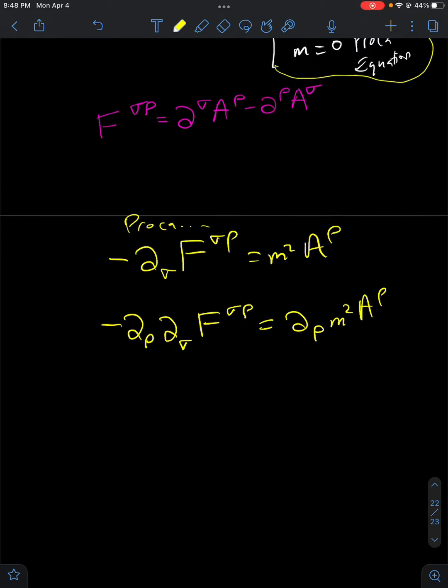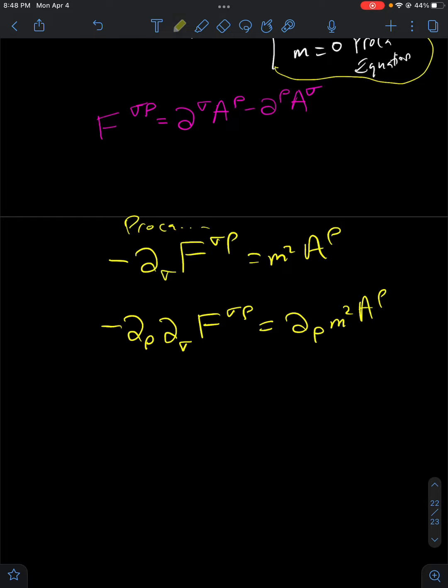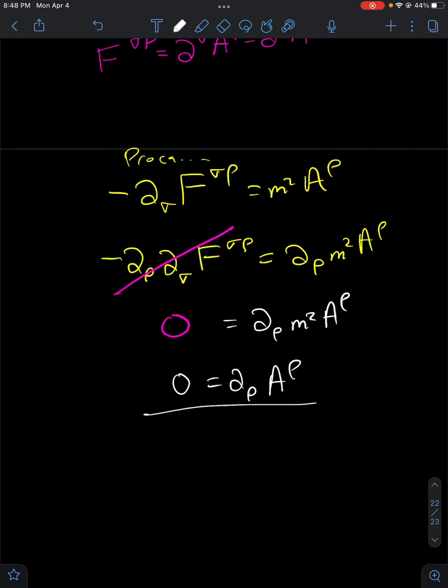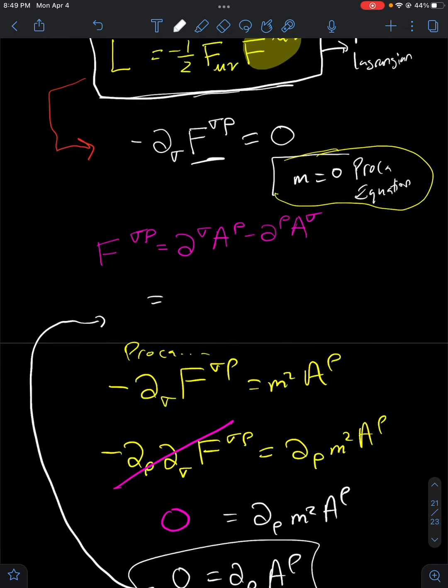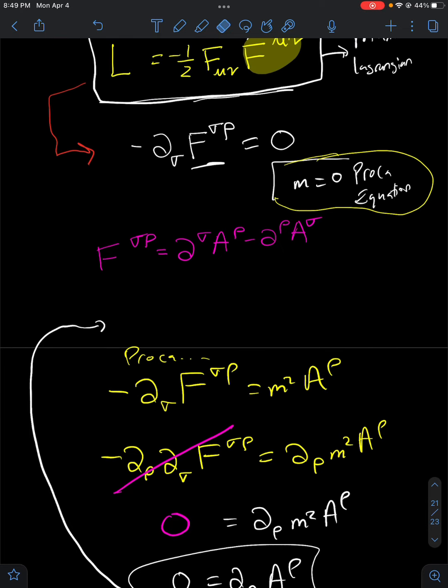And we found through the Lorentz condition that this term on the left just goes to 0, which means that 0 equals this over here. We then divided both sides by m squared to get 0 equals partial rho A rho. And this is a continuity equation. And we just plug this equation into the second form of the Proca equation, which was this over here.